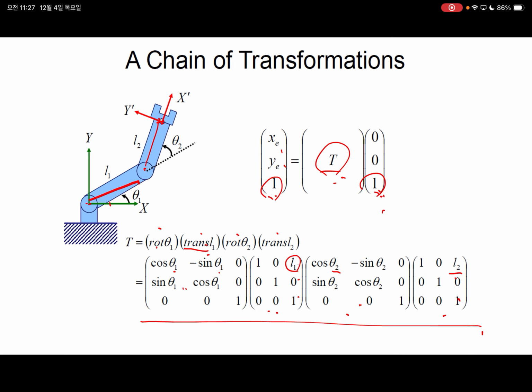Then it only takes theta 1, theta 2. According to theta 1, theta 2 changes, and this L1, L2 are fixed, they are constant. In arbitrary rotation, we can get the position of the end effector. That is the forward kinematics, right? It only utilizes theta 1 and theta 2, and then we can get the end effector position. That is the forward kinematics.